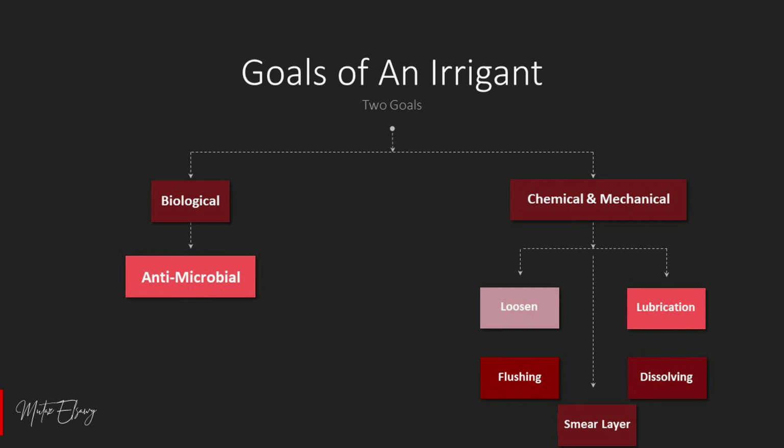Objectives of irrigation: we have mechanical and chemical function and biological function. The biological function of irrigation is antimicrobial. The mechanical and chemical function: flushing, lubrication, dissolution, and smear layer removal.